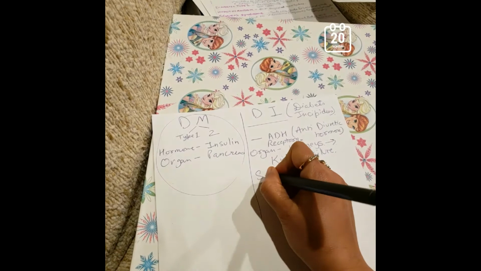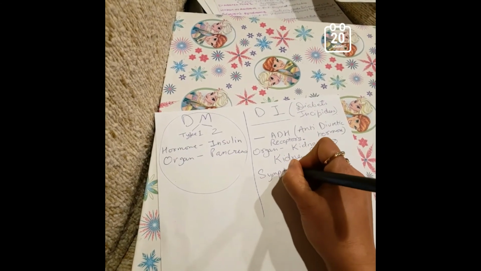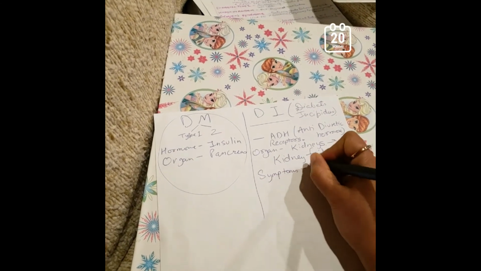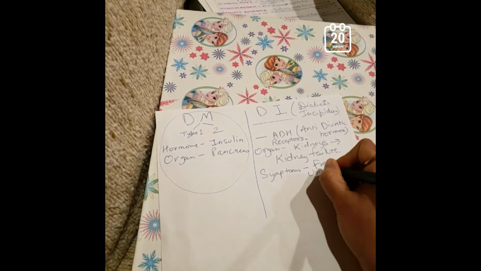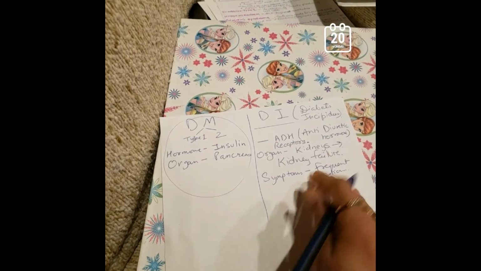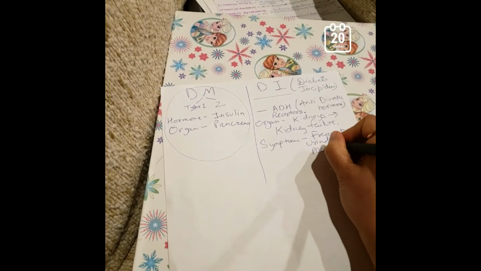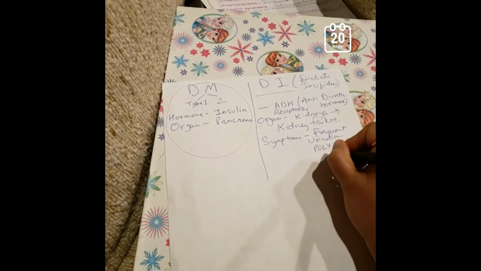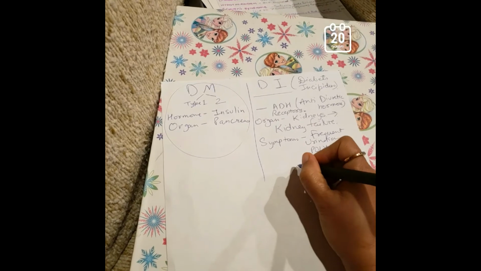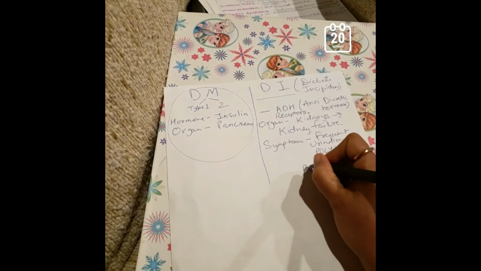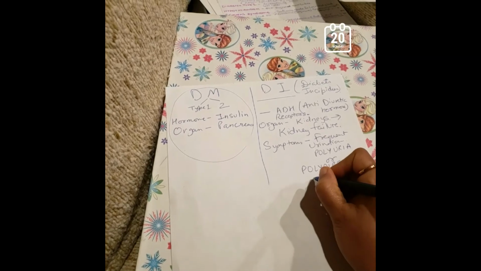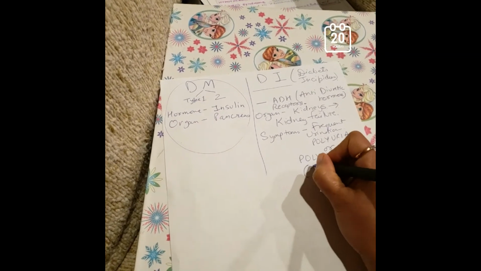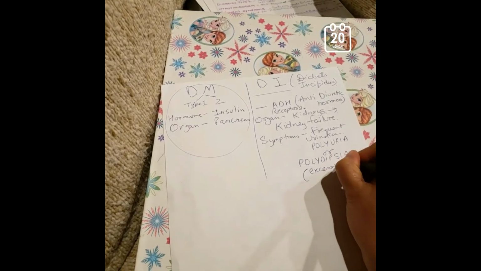The symptoms involved are frequent urination, which is also called polyuria, or even polydipsia, which is excessive thirst.